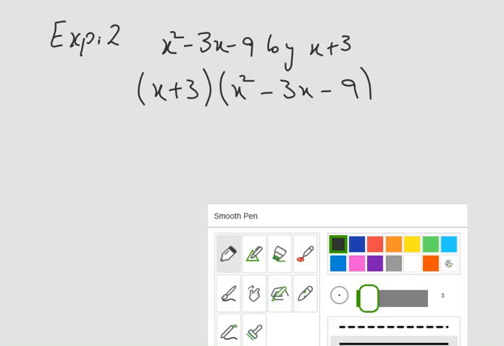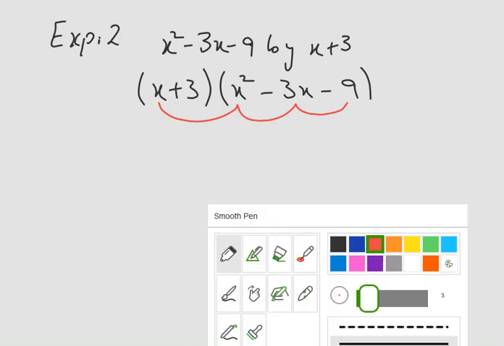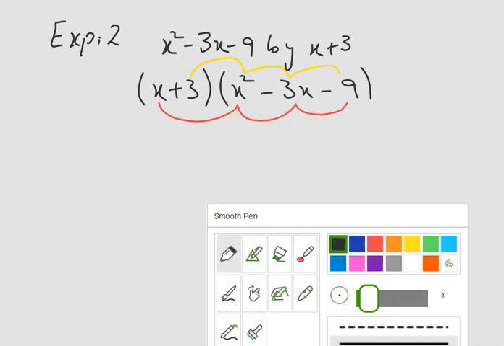First, x will be multiplied with all these three terms: with x square, then minus 3x, and then minus 9. After that, 3 will be multiplied with all three terms. This is the way. So now we are going to solve it.